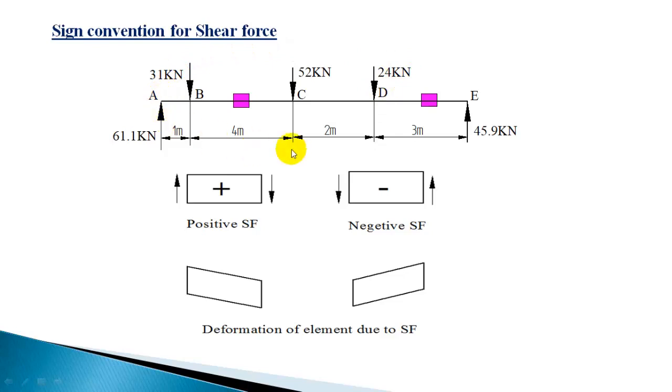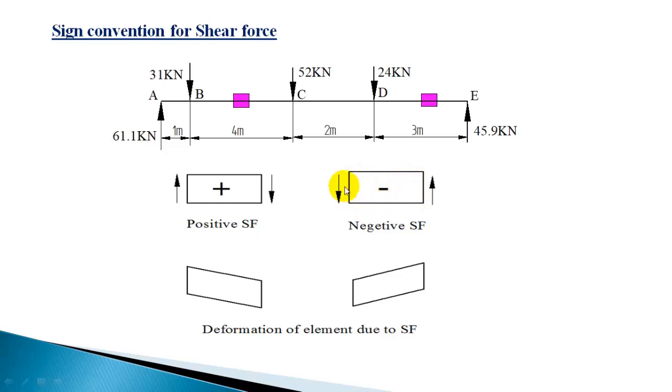The left side summation you should also get 45.9 only, but it will be downward. Now the beam element you take here will be subjected to a downward push on the left side and an upward push on the right side, both equal forces but pushing in opposite directions, and they are trying to deform the element.